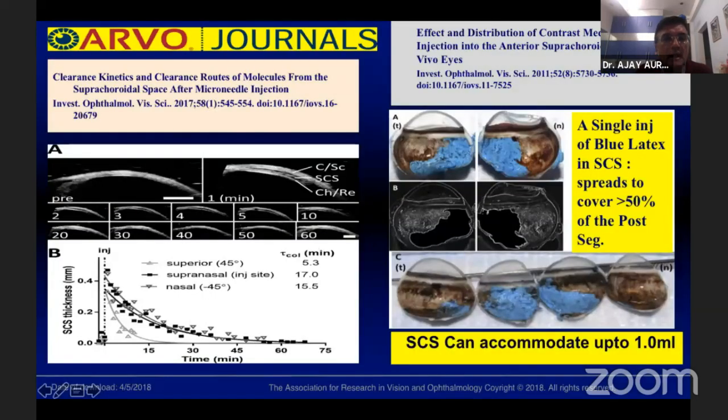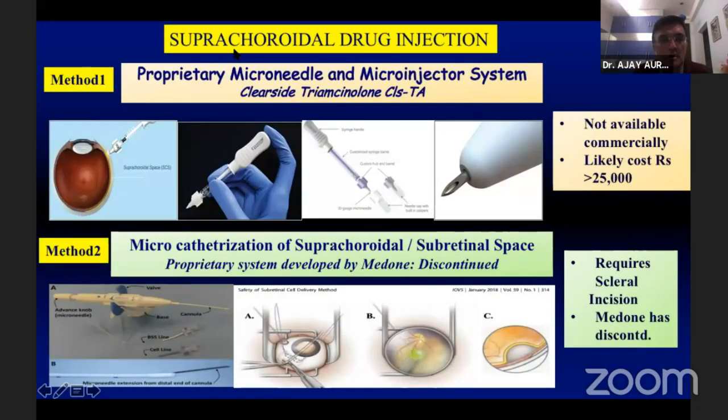It was found that a single suprachoroidal injection of blue latex spreads to cover more than 50% of the posterior segment. The suprachoroidal space can potentially accommodate up to 1 ml, so a large area of the posterior segment gets exposed by a single suprachoroidal injection.